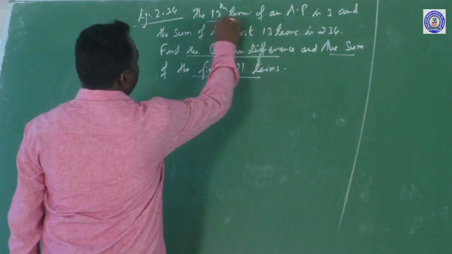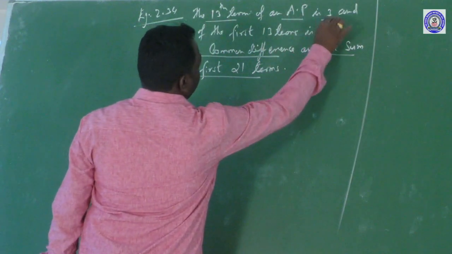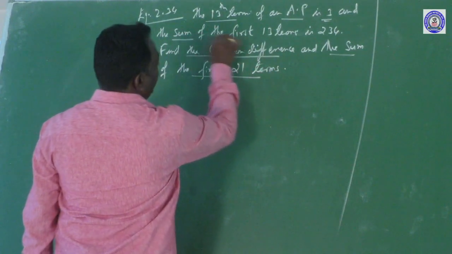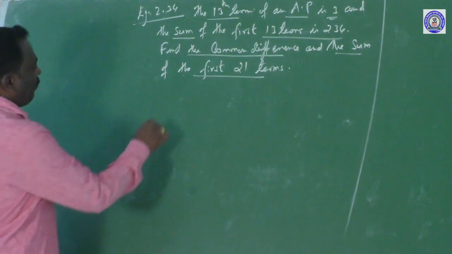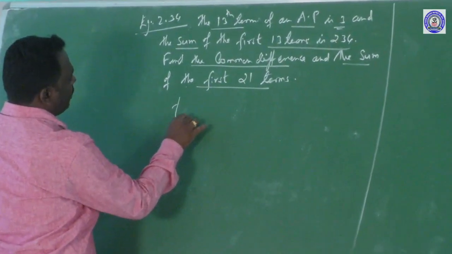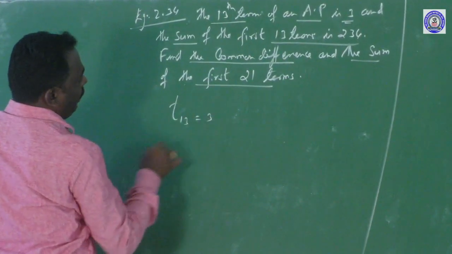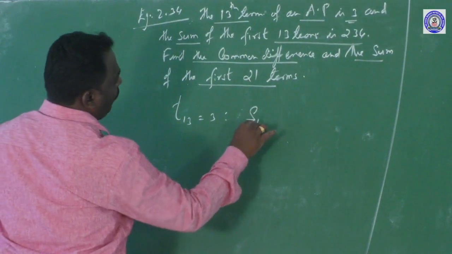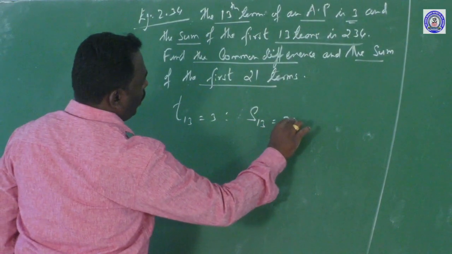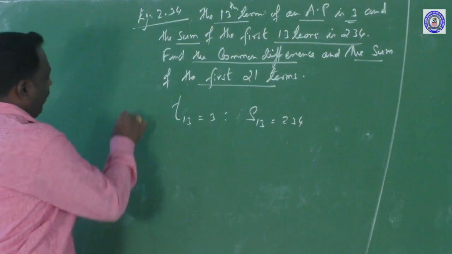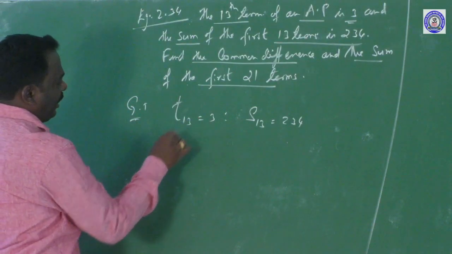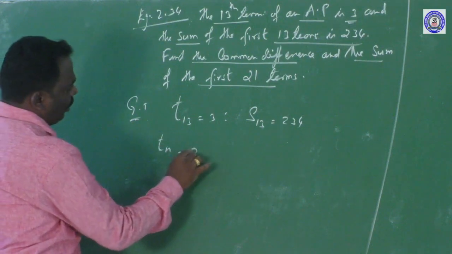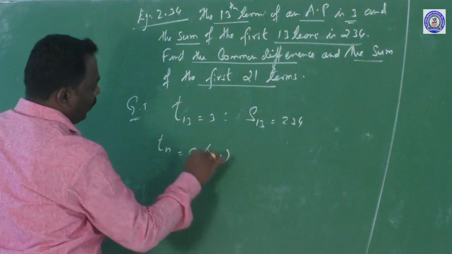It is given that the 13th term of the AP is 3 and the sum of the first 13 terms is equal to 234. Therefore T13 is equal to 3, and S13 is equal to 234. Now we know the Tn formula: Tn equals a plus (n minus 1) into d.